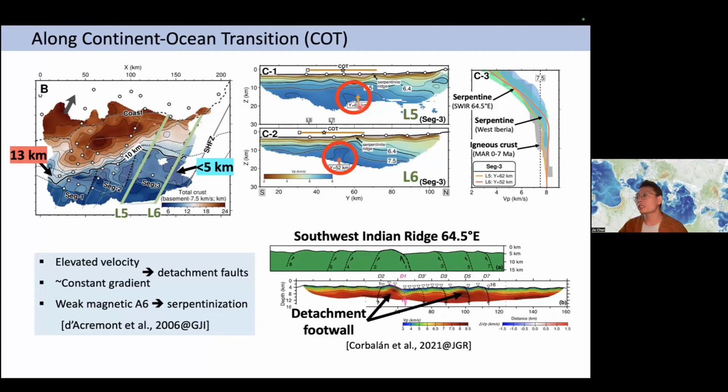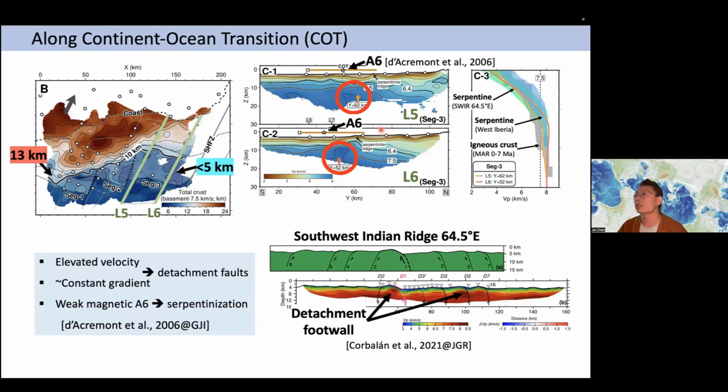And if we take the 1D profile beneath this elevated domain, the red and the orange lines, we can see there is a constant velocity gradient with depth, and it falls in the range of the serpentinite of the Southwest Indian Ridge and West Iberia, the magma-poor rifted margin.